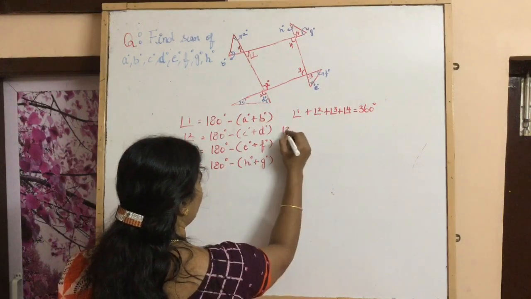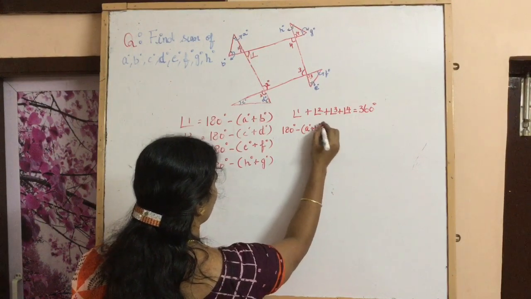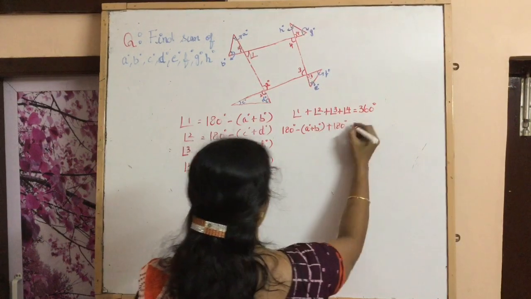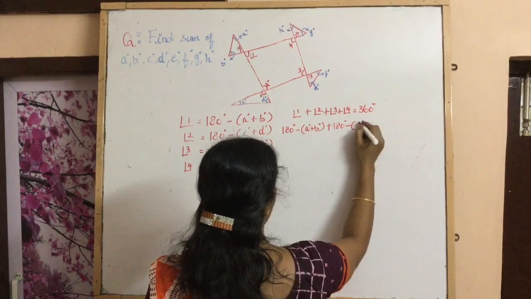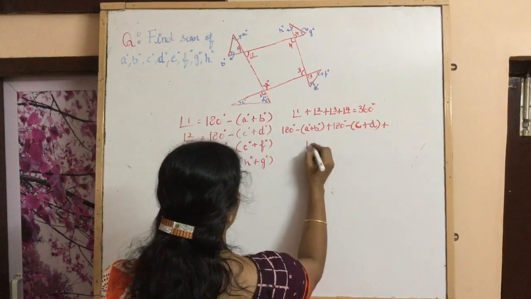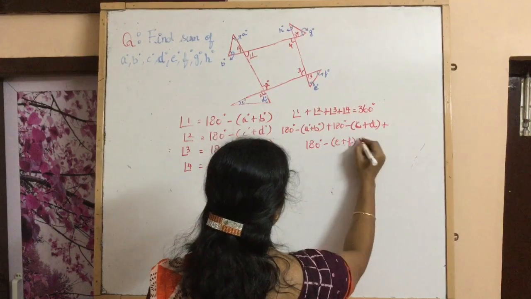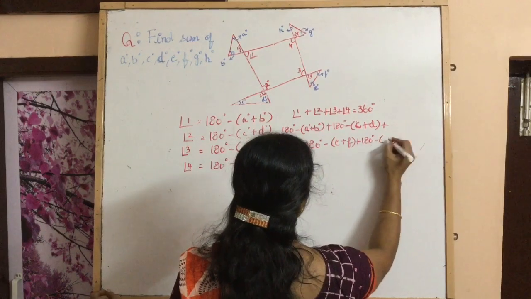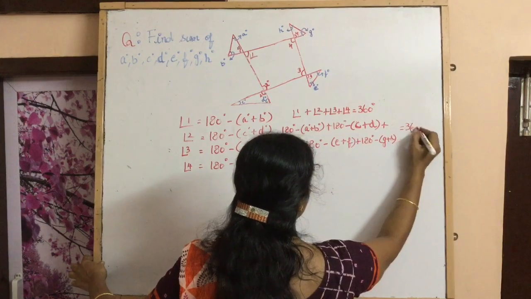It will be 180 minus A plus B, plus angle 2, which is 180 minus C plus D, plus angle 3, which is 180 minus E plus F, plus angle 4, which is 180 minus G plus H, and this is equal to 360 degrees.